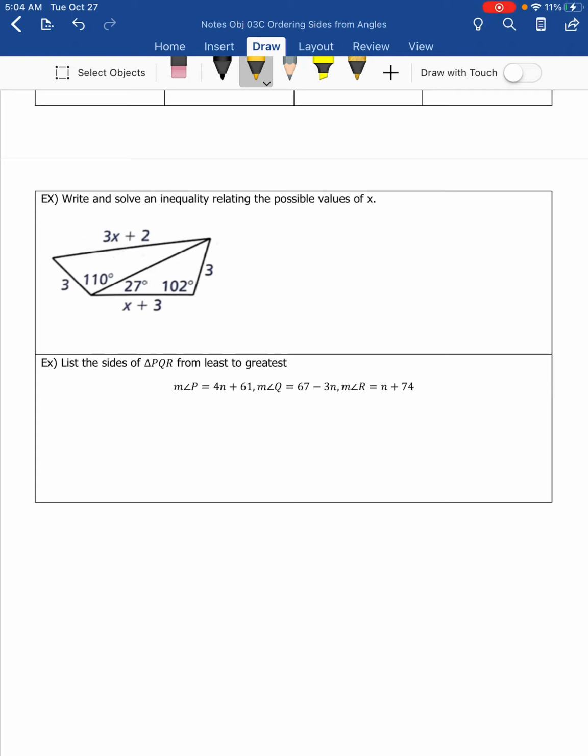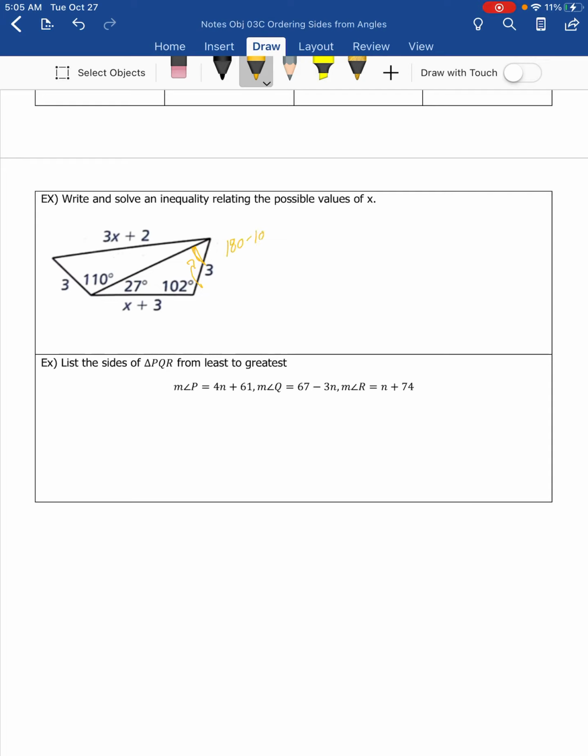It says write and solve an inequality relating the possible values of x. Okay, this one's quite tricky. One of the first things I would do with this particular problem is I would find this angle first.